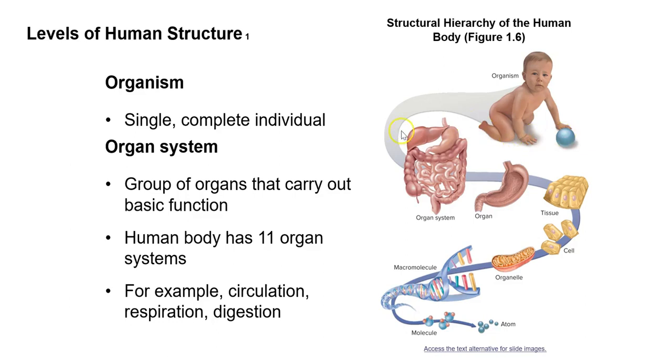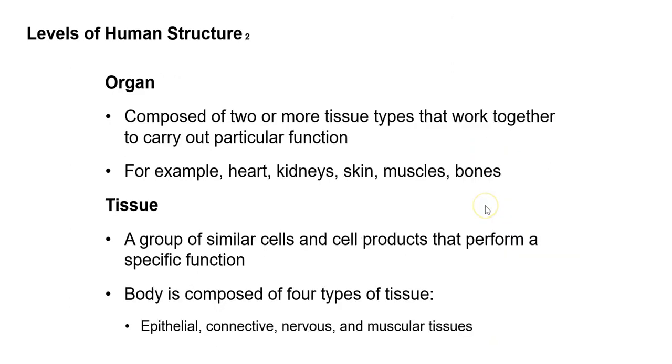If we go down this hierarchy step by step, we can see that the next largest group in this organizational hierarchy is an organ system. In another video, I will go through each of the important organ systems as an overview so you can understand what you'll be learning in the subsequent lectures. Organ systems are composed of different organs.